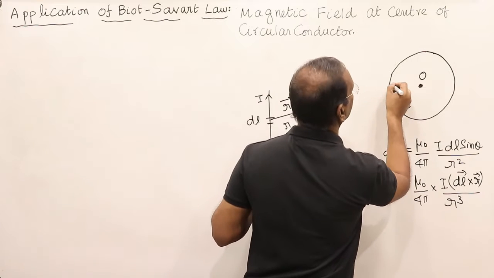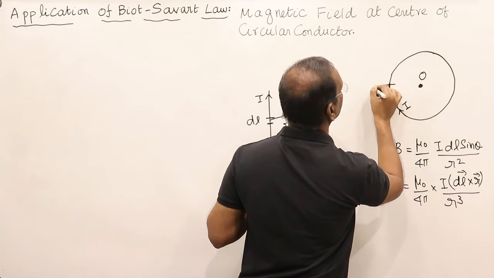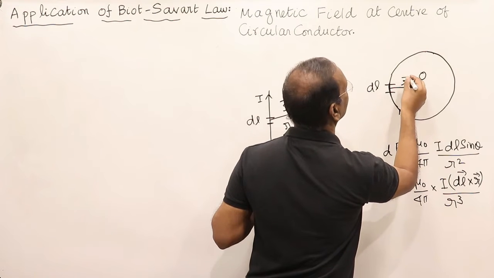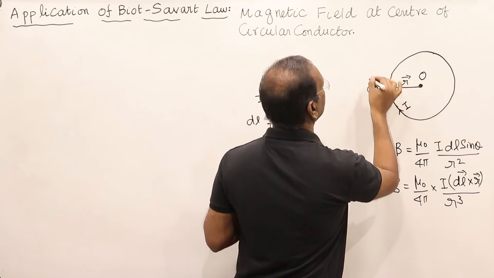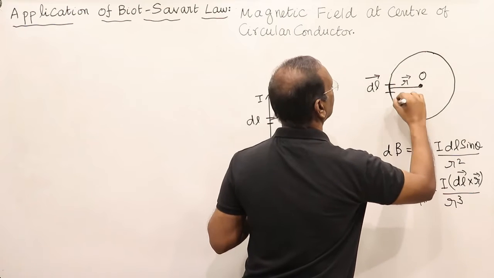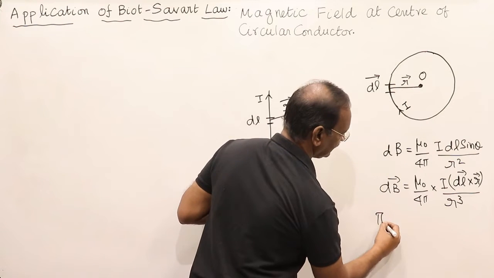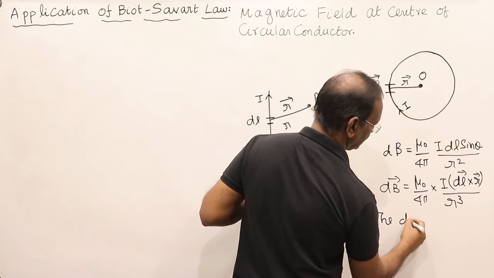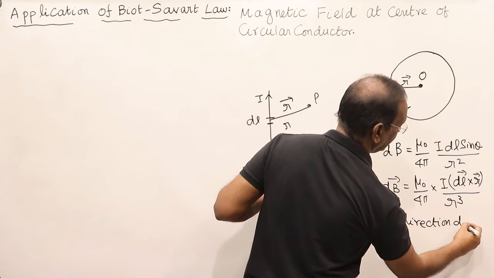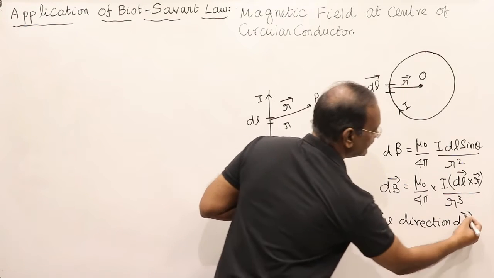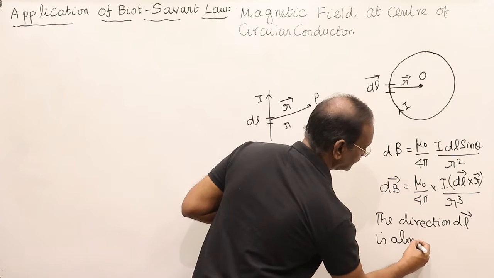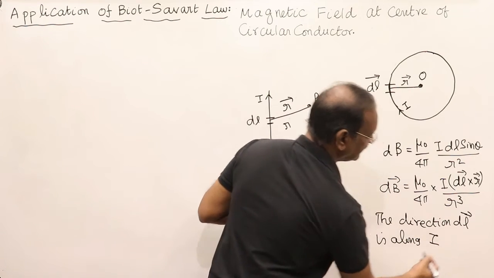And here, suppose we take a dl element. This is a dl element, and this distance is r vector, and dl is also a vector whose direction is along the current direction. The direction of dl vector, as we have already seen, is along the direction of current.